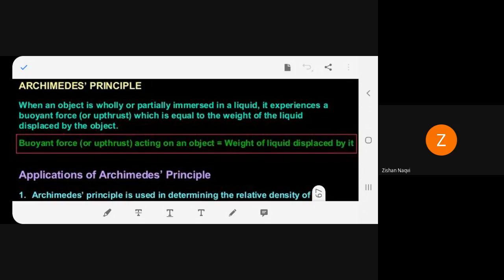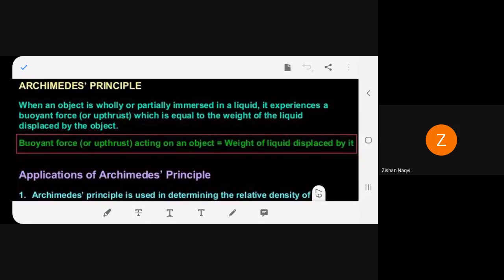When an object is fully or partially immersed in a liquid, it experiences a buoyant force or upthrust which is equal to the weight of the liquid displaced by the object.